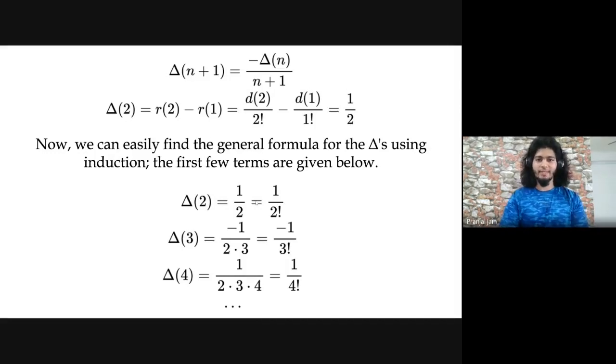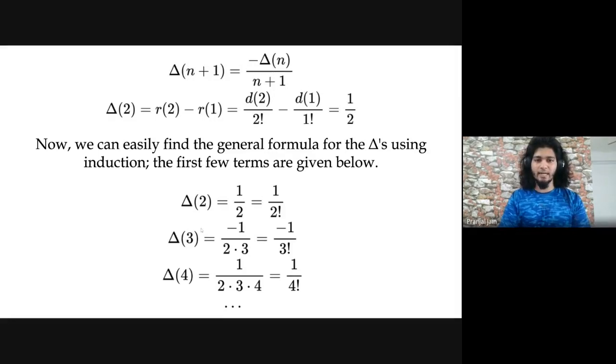And now we can easily do a bit of induction. So delta of 3 is obtained by multiplying minus 1 over 3 to delta of 2. So you can see that over here. If I want to find delta of n plus 1, where n plus 1 is what goes inside the bracket, that same thing which goes in the bracket also appears in this denominator.